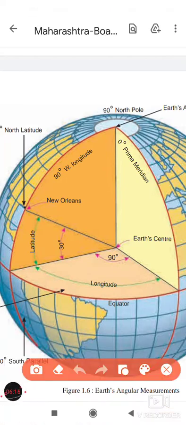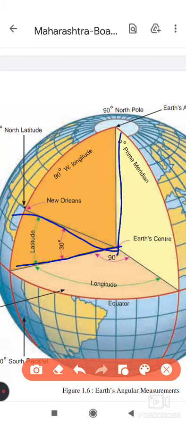This is the center of the earth, and here is the parallel, and this is the degree. This is the 30 degrees of this place, which we calculate, as it is situated on the latitude.